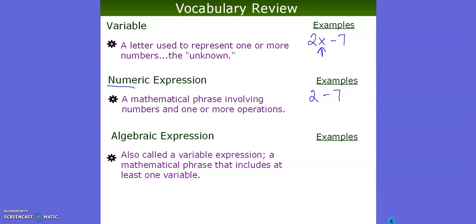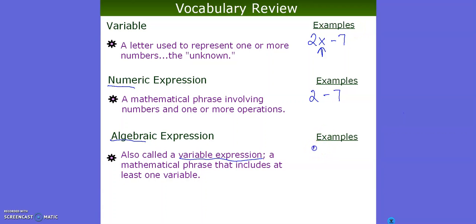We also have algebraic expressions. Our root word there would be algebra. These are also called variable expressions. So just like a numeric expression, it's a mathematical phrase that involves one or more operations, but it also involves at least one variable. So if we go back to our variable example, that is an example of an algebraic expression, but let's write out another one.